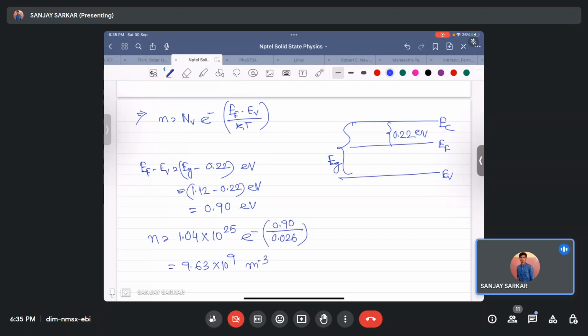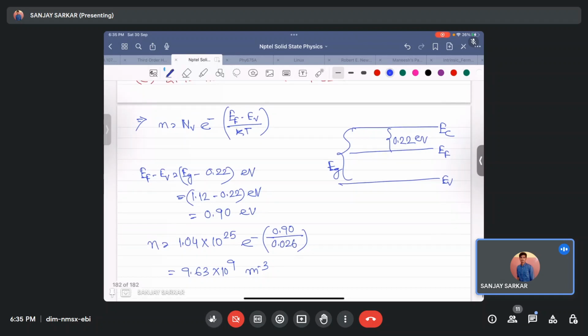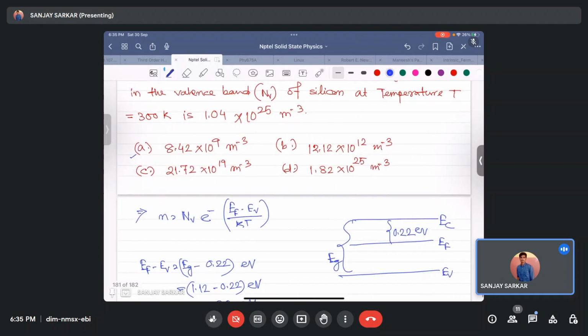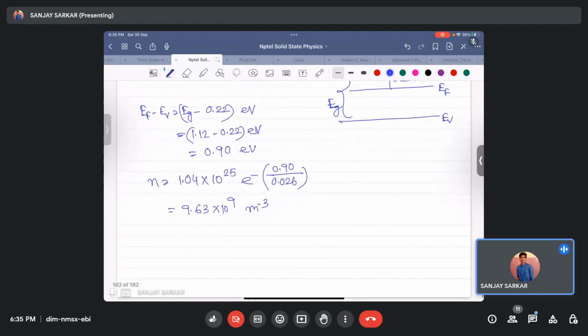So if we consider the order, then it is near to option A. So the correct answer is option A.